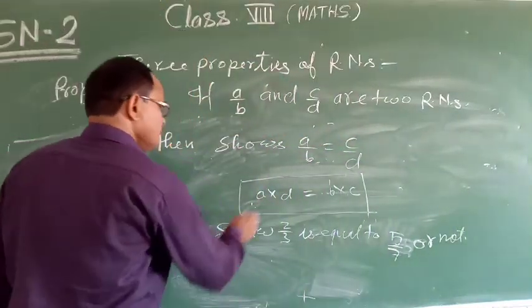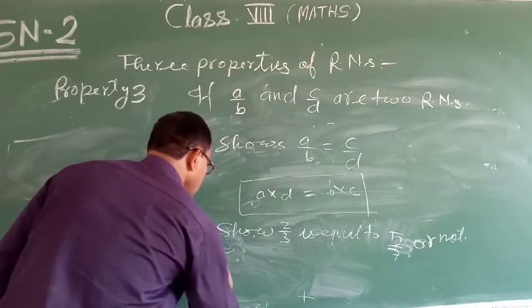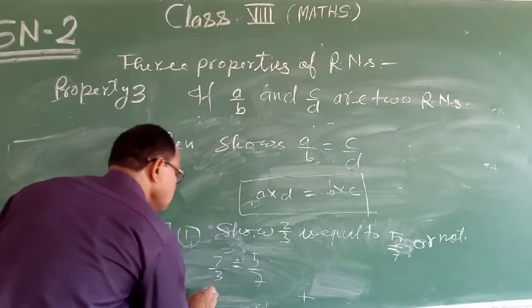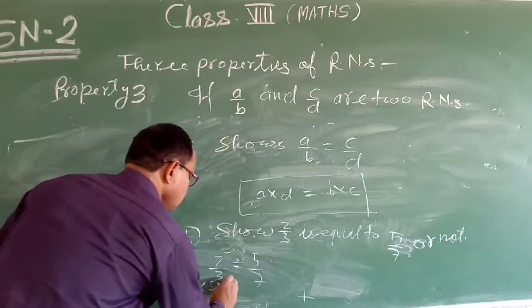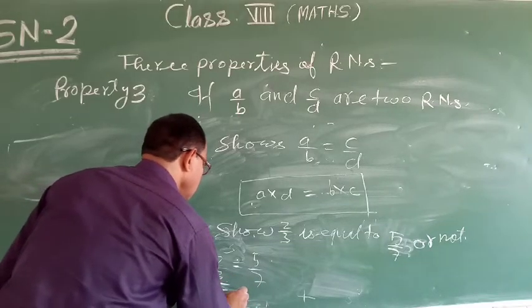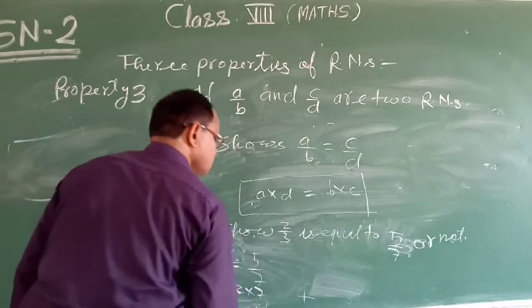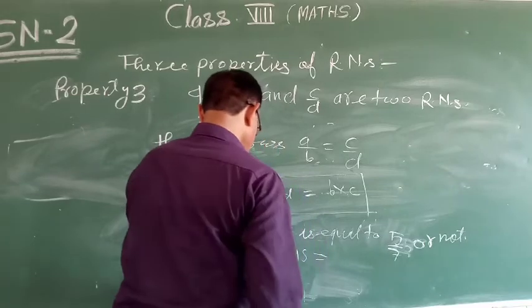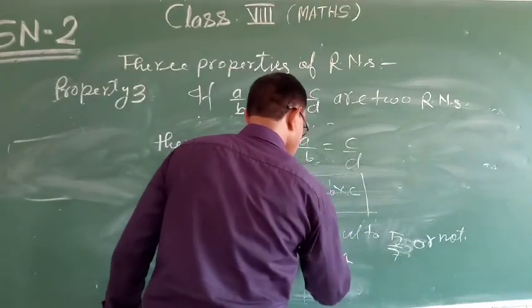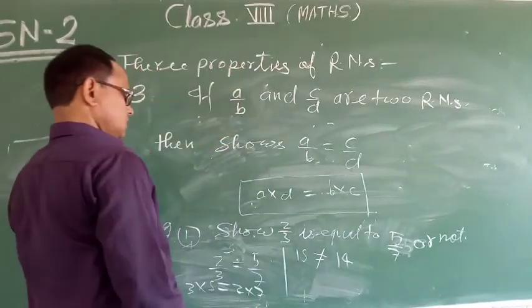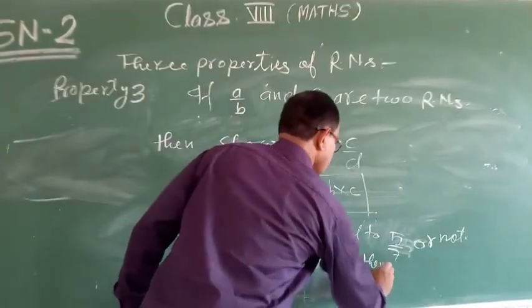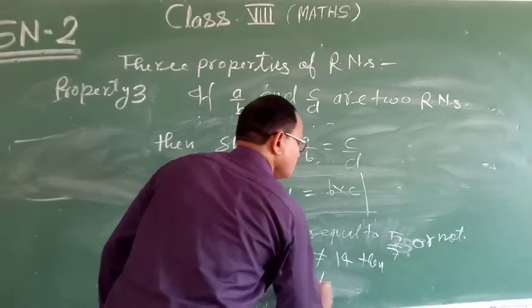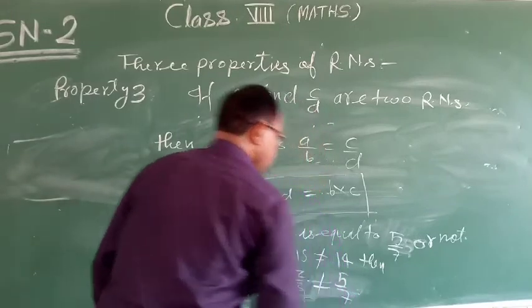By this formula, 3 into 5 is 15, and 2 into 7 is 14. 15 is not equal to 14. Then 2 by 3 is not equal to 5 by 7.